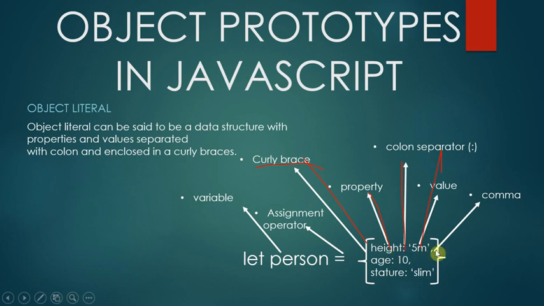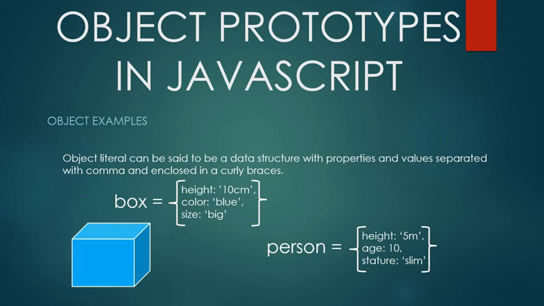All right, if we look at some examples, an object is really what it is in the real world, and we're trying to model it in the computer world as well. What are the characteristics of a box? A box is an object.